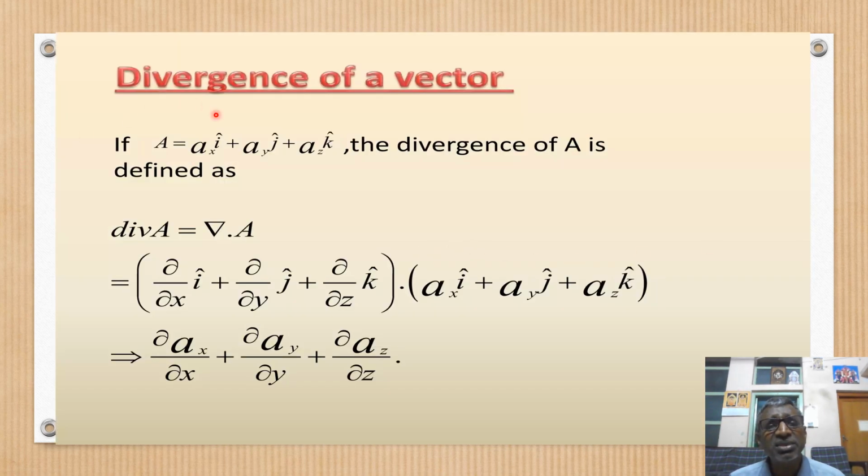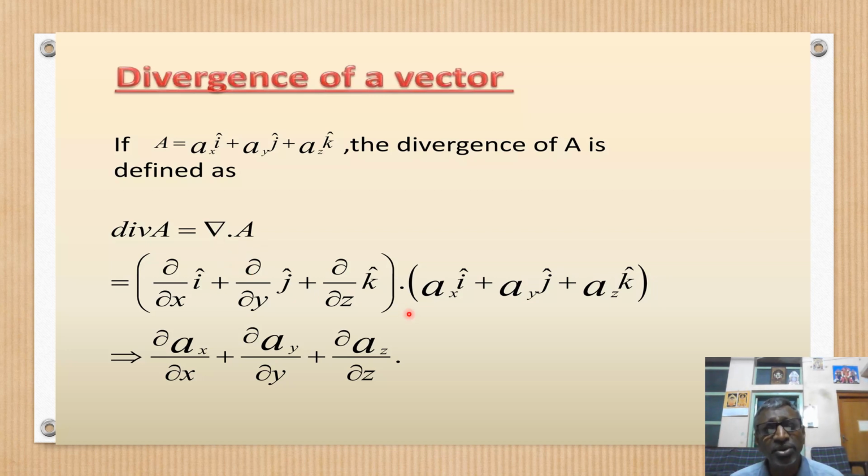Next, the definition of divergence of a vector. If A bar is equal to A1 i plus A2 j plus A3 k, then the divergence of A bar is defined as del dot A. Once again, you see that del is an operator and A is the vector upon which del is being operated.